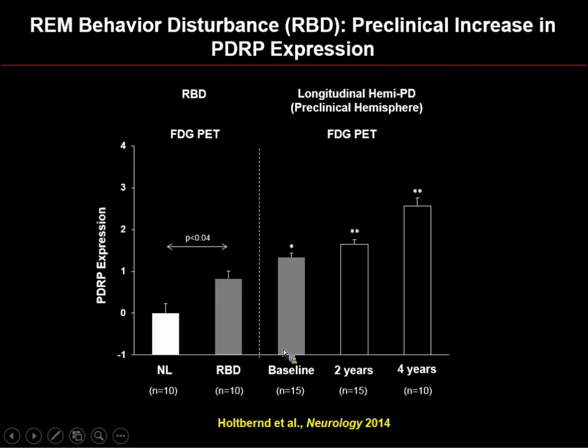So we figured, is the PDRP network somehow registering in phenoconverters for the disorder? These are all our local RBD. And by way of background, this is the preclinical hemisphere of a person with idiopathic Parkinson's disease. So these are individuals with hemi-PD.